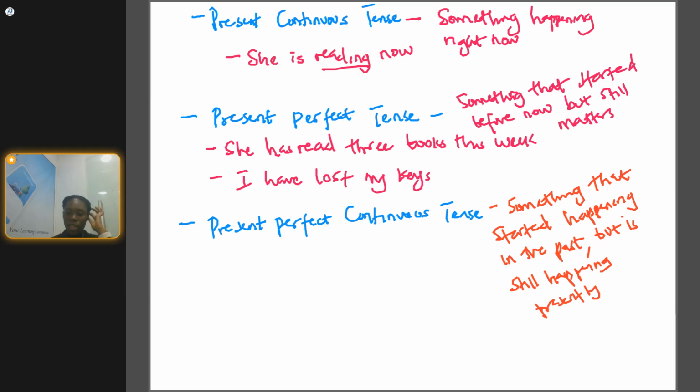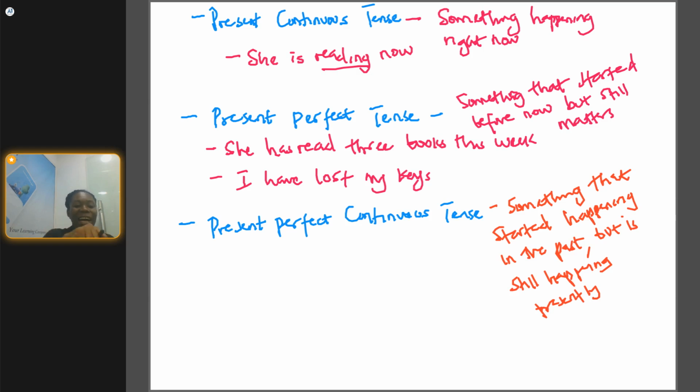Okay, so you can imagine it as filling a glass of water. If you have a glass and you need to fill it with water, you started an action by pouring water into that glass. You're not going to finish pouring it in like 1 second. If it is a big glass and you need to take your time to fill that glass, it means it's going to take a while.